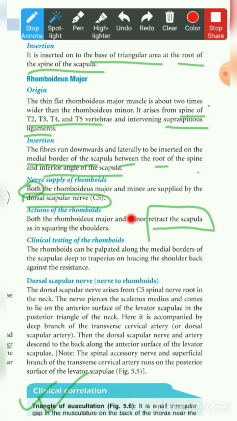Rhomboideus major originates from the spines of thoracic 2, 3, 4, 5 vertebra and their supraspinous ligament, and inserts into the medial border of the scapula between the root of the spine and the inferior angle. Both rhomboideus major and minor are supplied by the dorsal scapular nerve, that is the C5 root, and the action is retraction of the scapula.